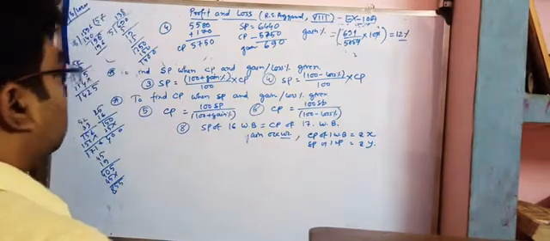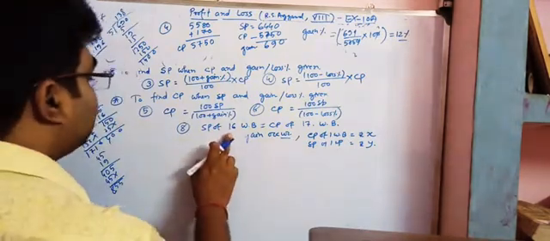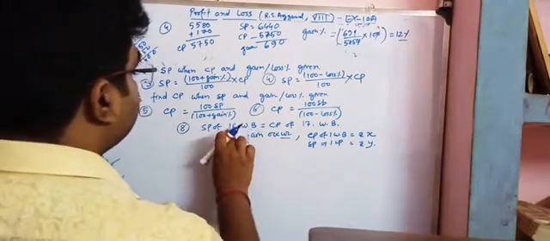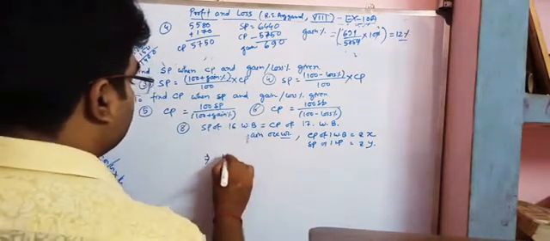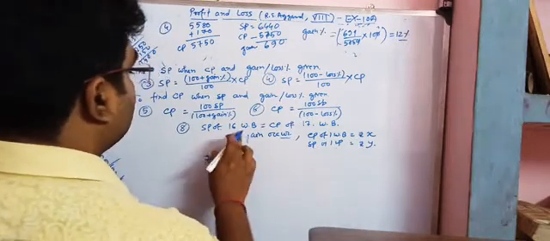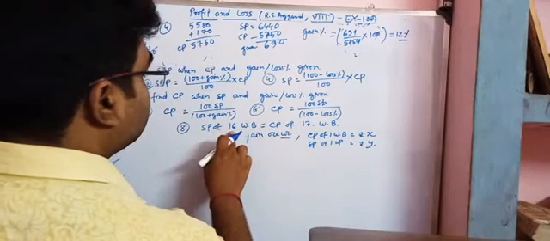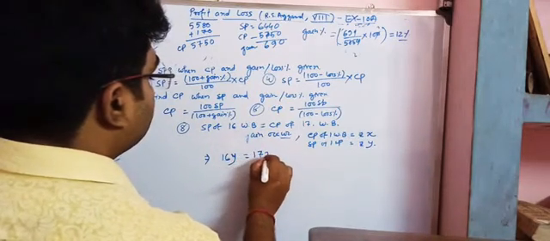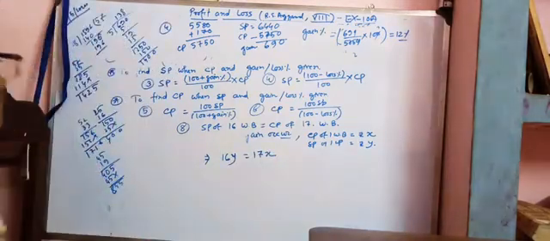So here, that means if we take sell price 16Y is equal to 17X. Okay.